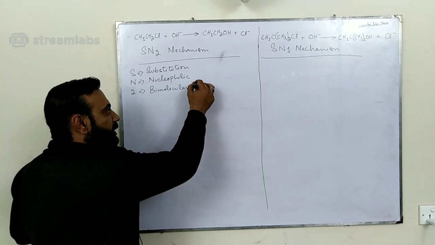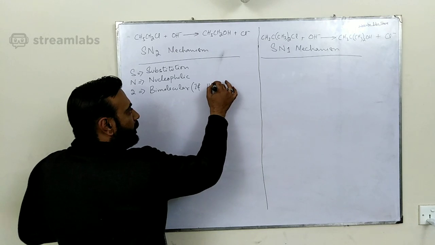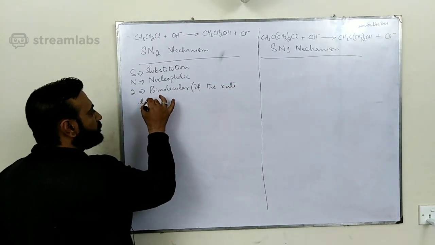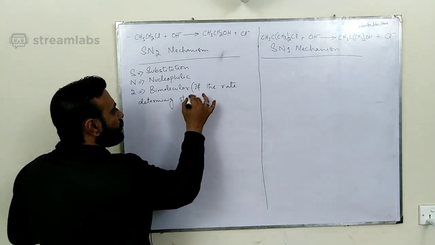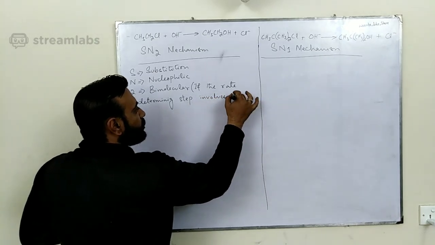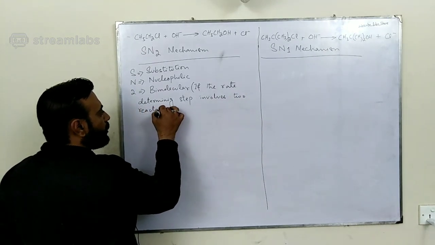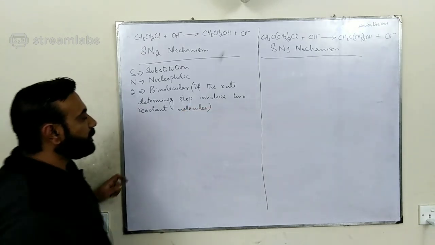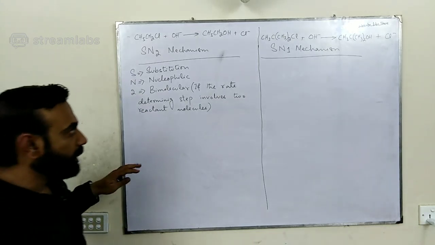If the rate determining step involves 2 reactant molecules, then the reaction is called bimolecular.